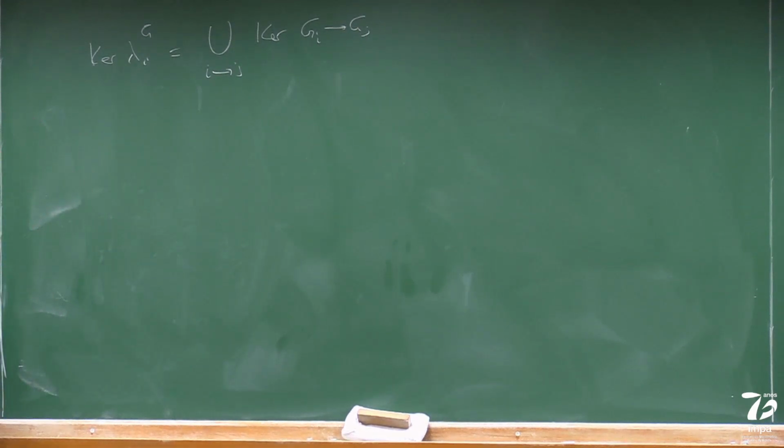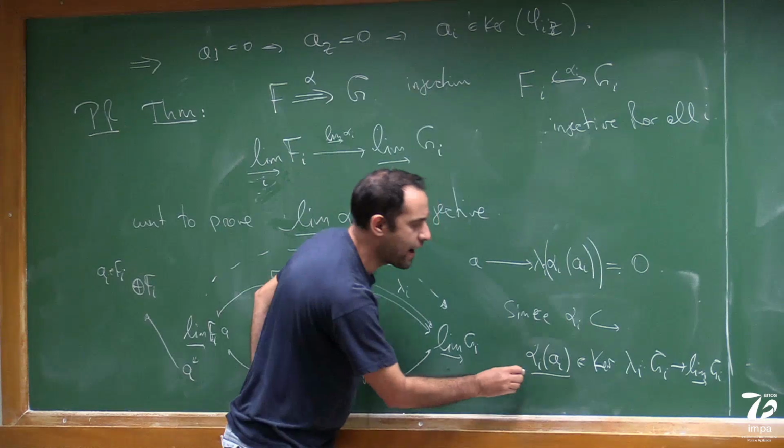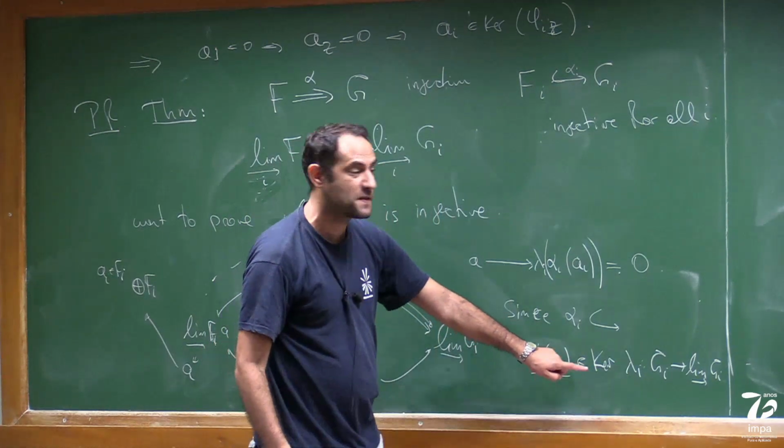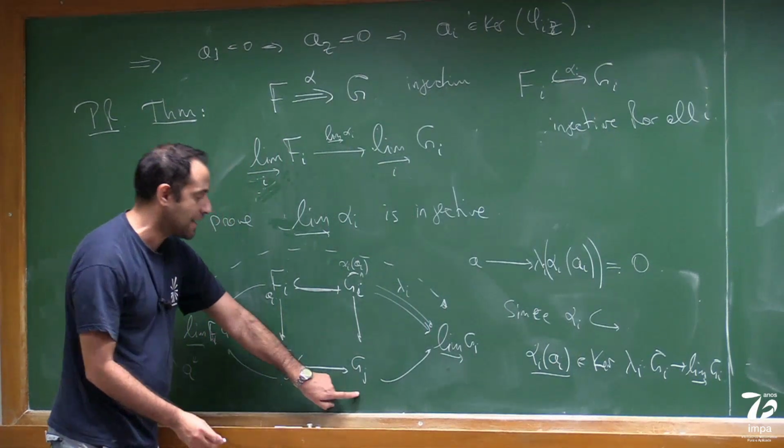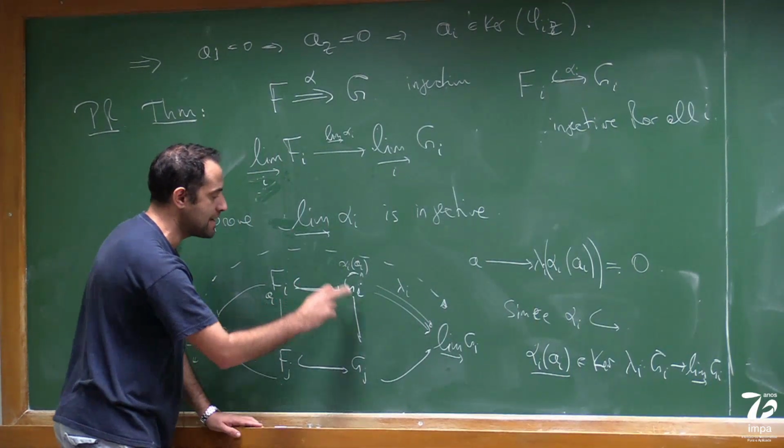So that means that this alpha I of AI belongs to the kernel of some, it is 0 for some Gj. So choose that j to be that. So this guy here is 0 here.